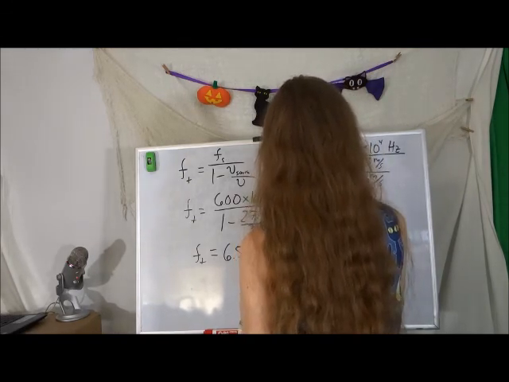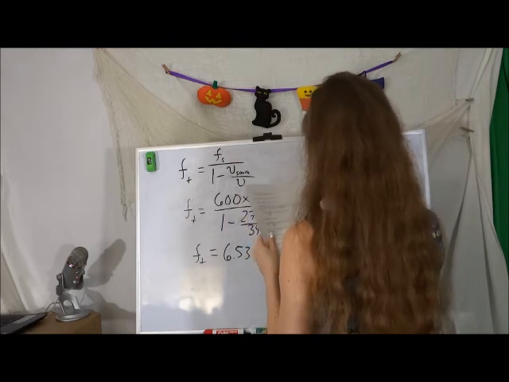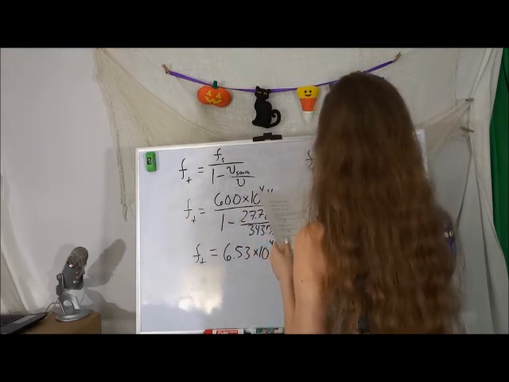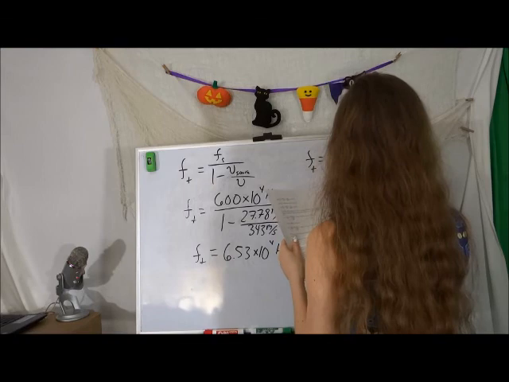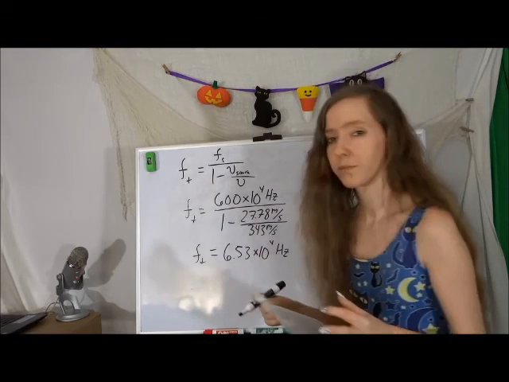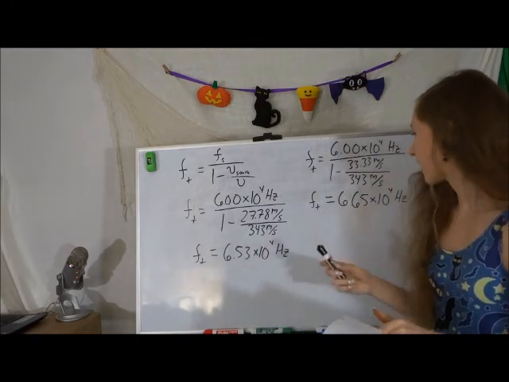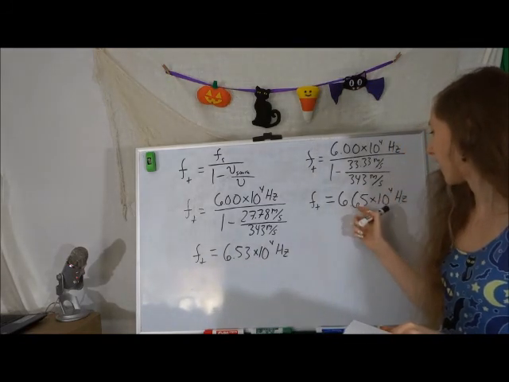And so for our vampire, the frequency we hear would be about 6.65 times 10 to the fourth hertz. So if we're dealing with the vampire here instead, we're going to hear a higher frequency.